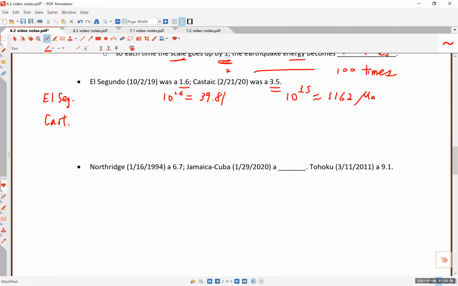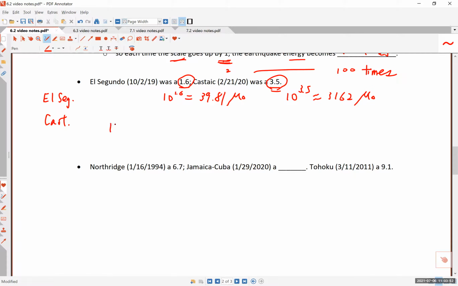Okay, but you don't need to know these large numbers. I mean, after all, what we are about to do is to divide 3162 by 39.81, and that's going to give you the answer. But you don't need to go back to this. What we need to do is to compare this magnitude and this magnitude. And here's what happens.